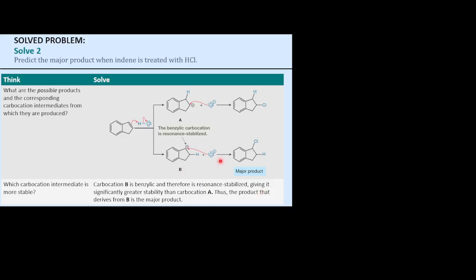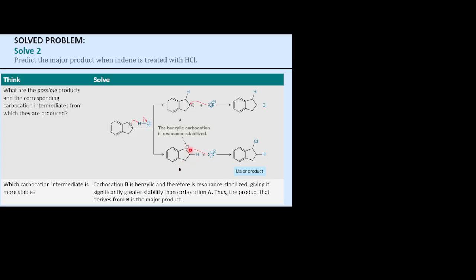Okay, so again, that's going to be Markovnikov's rule. It's similar. It's going to be the one that stabilizes the carbocation. You're right, thermodynamically this is more stable, but kinetically this is more stable.